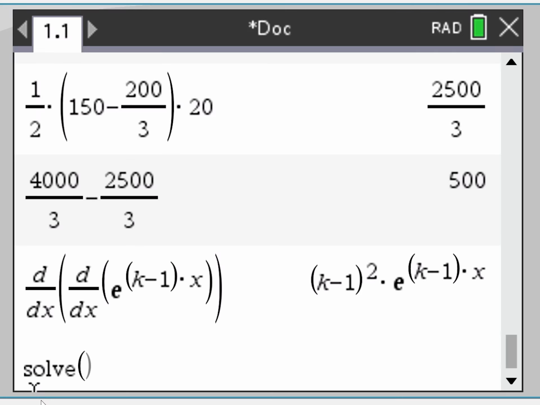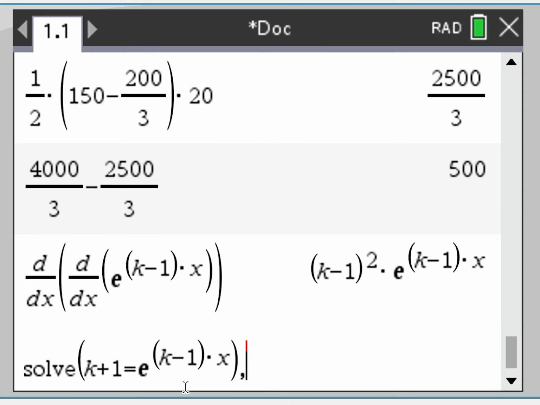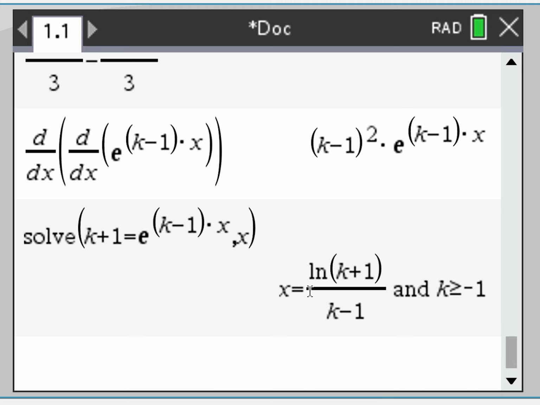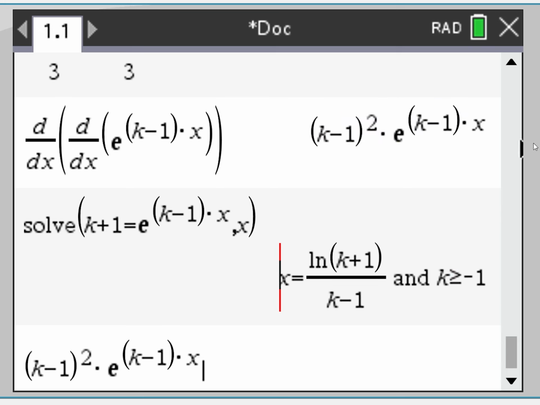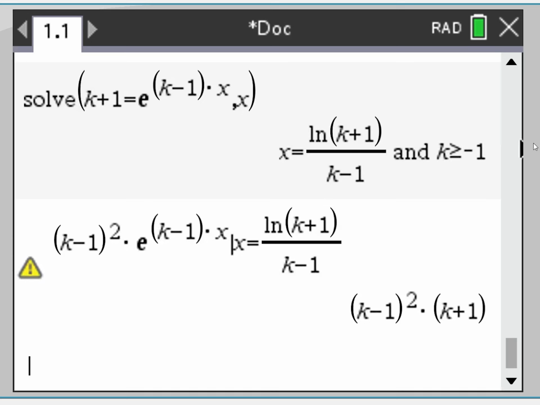So solve k plus 1 equals this whole thing over here, for x. Okay, so this is the time taken to get to x equals k plus 1, and this is our acceleration. So let's substitute that time into the acceleration to get our answer. So this will be our acceleration when x equals k plus 1.